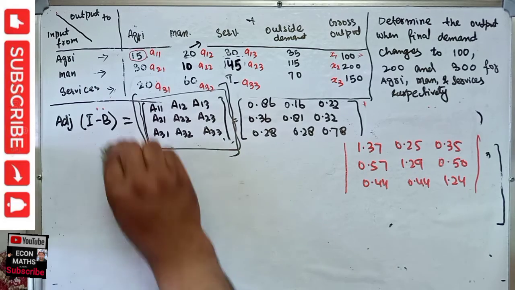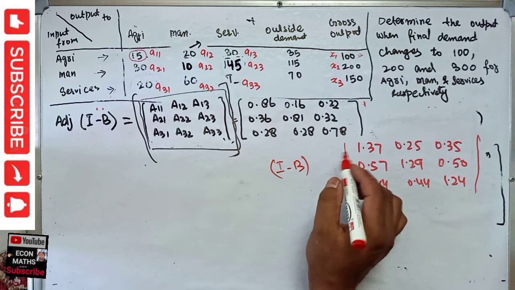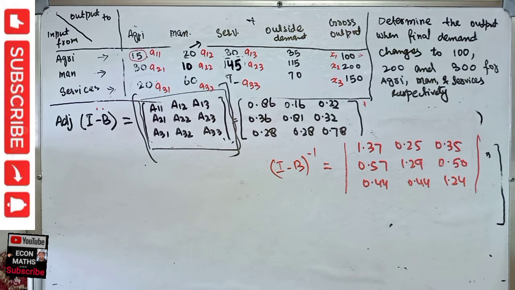Okay, when I solved this very thing, our I minus B inverse is equal to this.